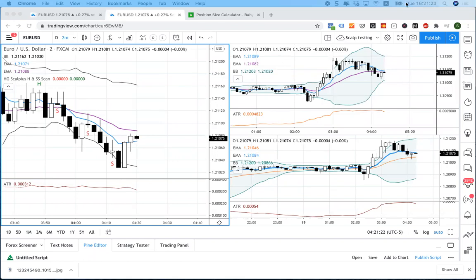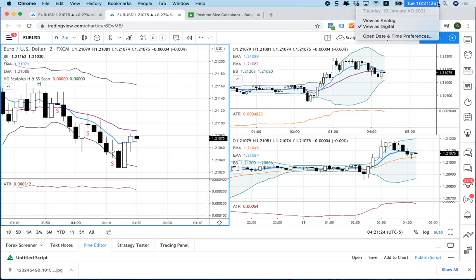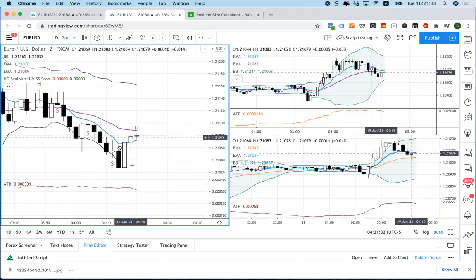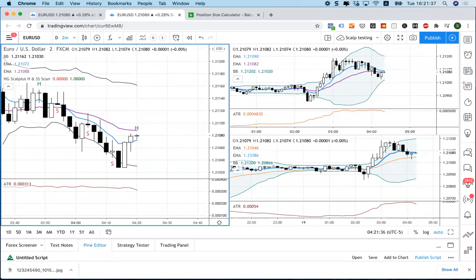Okay, so we are at 35 seconds to go. If this closes a hammer, it'll be a setup, or as a lower close. Not a setup. Not going to be a setup now.